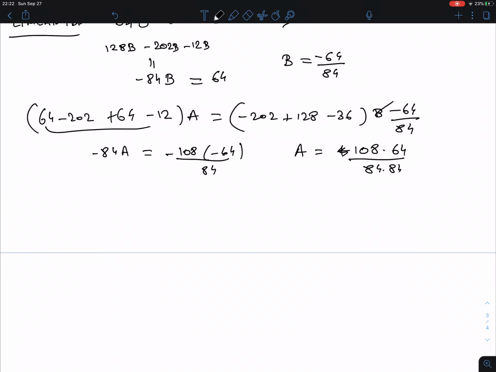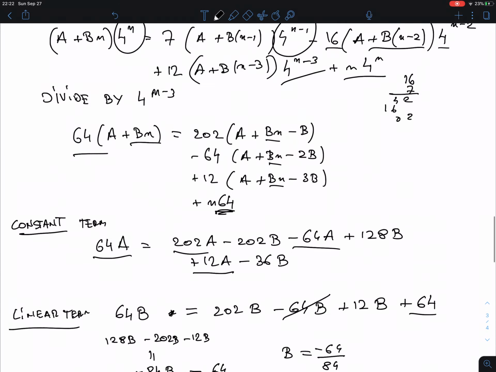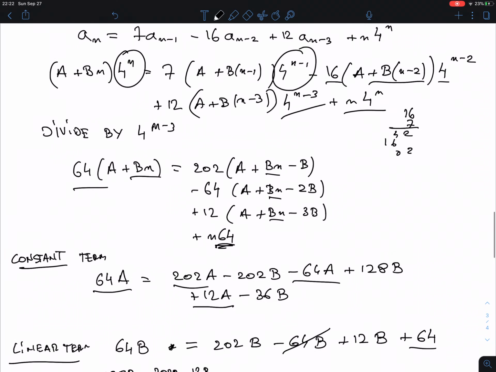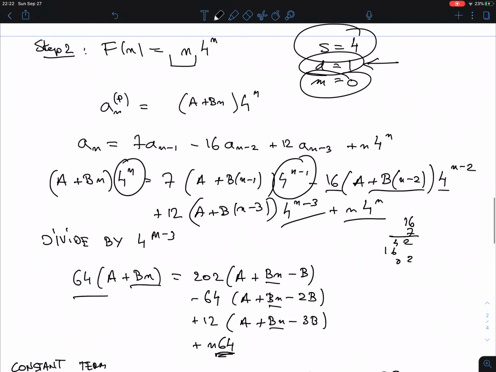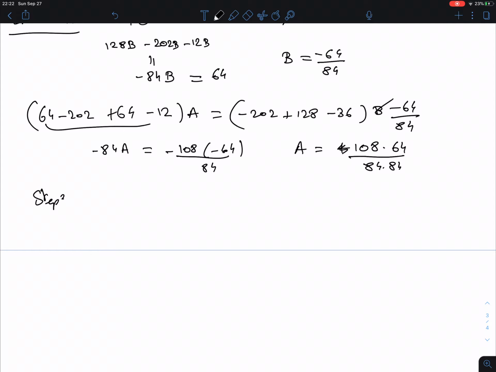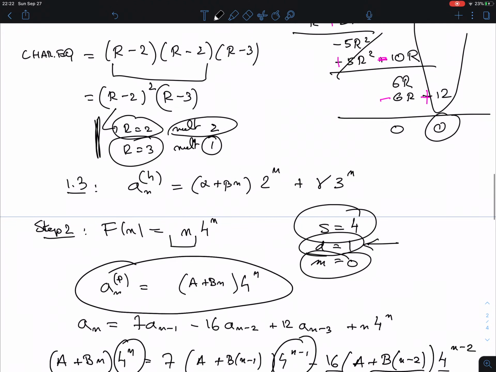That's the whole point. We can find a and b, and so we know what a particular solution is. So a particular solution is, where did I write it up here? This one here. Okay, so we know. And so now step 3, the general homogeneous solution. Well, we have to have this guy here.